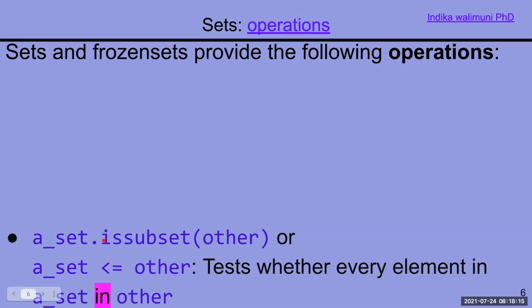You can either use the set method or the operator; they both work the same. This says a set less than or equal to other, which checks whether every element in a set is also in other. So let's check on these.